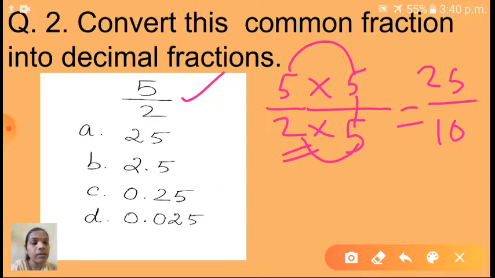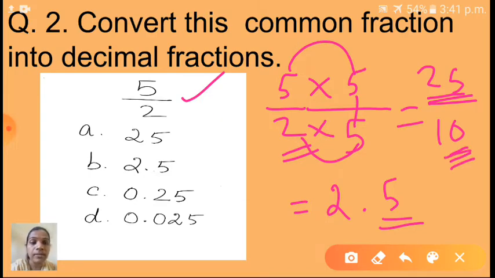So see here children, now we have to give a decimal point. 25 upon 10. Denominator, which number is there? 10 is there. 10, how many zeros are there? Only 1 zero. So here you have to put a decimal point. So see here, 2.5. That means after the decimal point, how many digits will come? 1 digit, because in 10 only 1 zero is there.